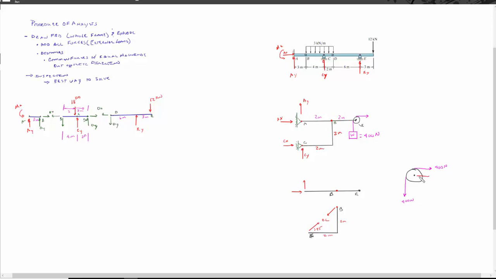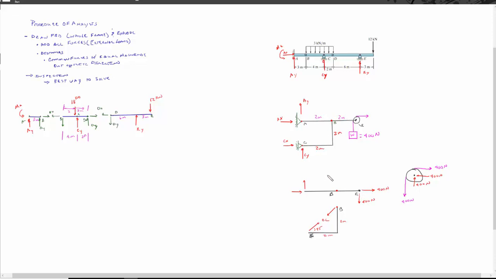So this force would be going in at 400 newtons, and this here would be going at 400 newtons. So when we looked at Ey, at point E, they'd be opposite and equal. So this would be 400 newtons going to the right, and this would be going down at 400 newtons.